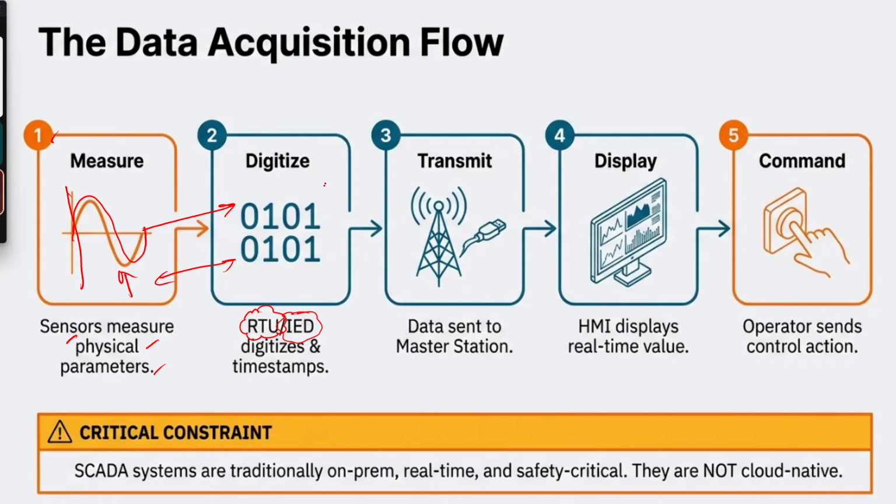So we always process zeros and ones. Correct. We cannot process the analog signal. It is not efficient now. So we will be converting that analog signal into the digital signals, and to do that we are using RTUs and IEDs.